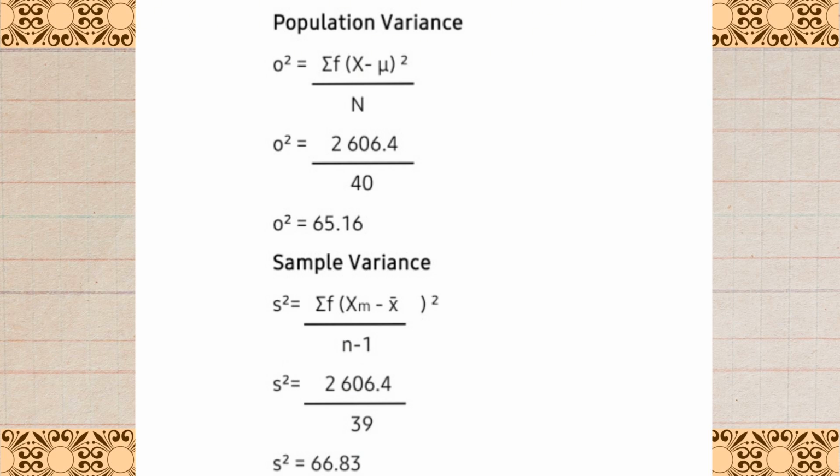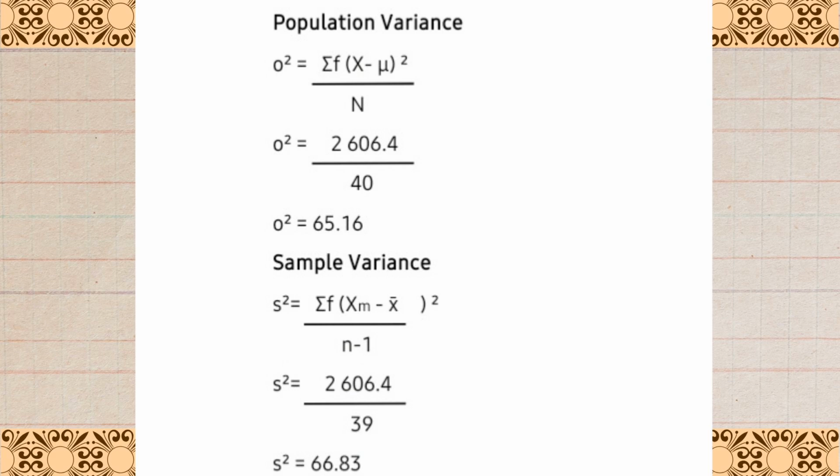65.16. In sample variance, to solve the sample variance for grouped data, we use the formula: S squared, or sample variance squared, is equal to the summation of n observation of given data minus sample mean squared, divided by n, the sample size, minus 1.